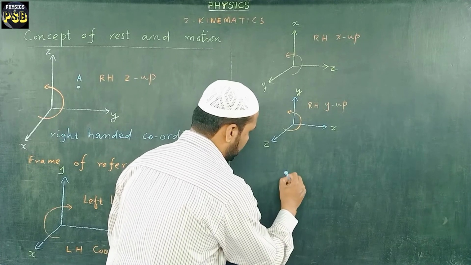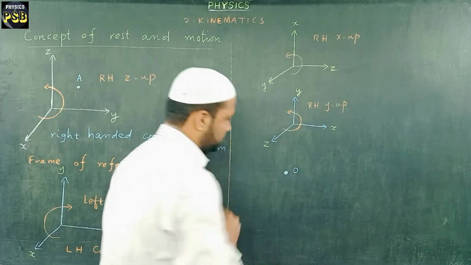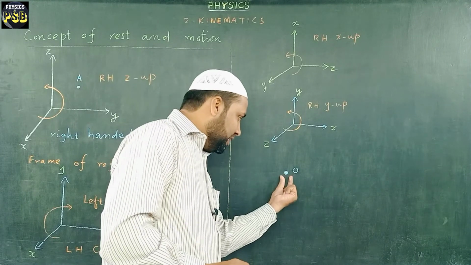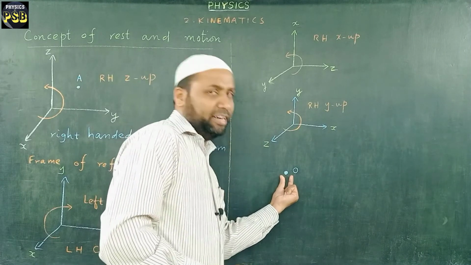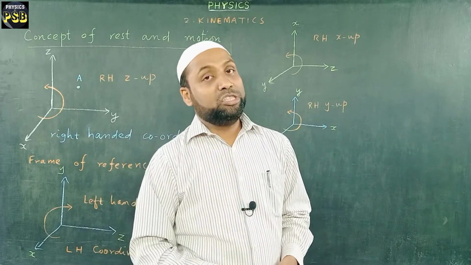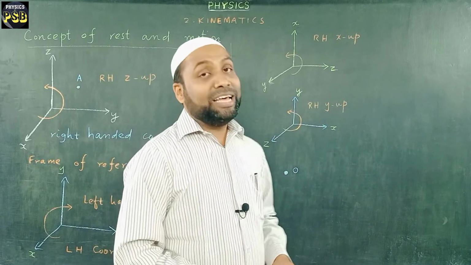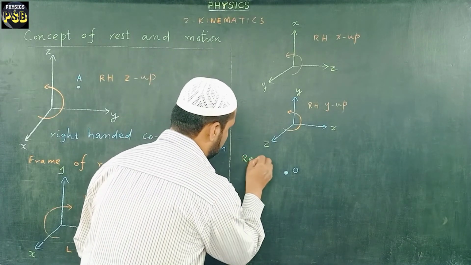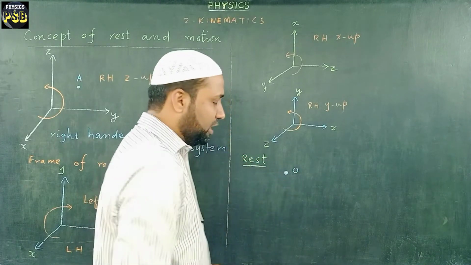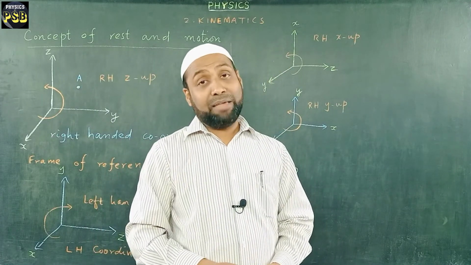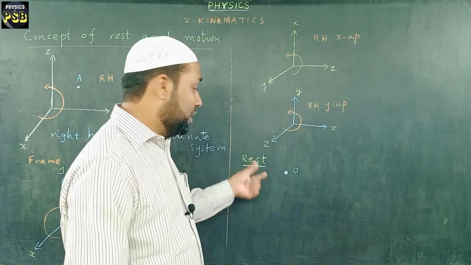If this object remains here even after some time, then the object is said to be at rest. I repeat, when the object does not change its position with time, then it is said to be at rest.